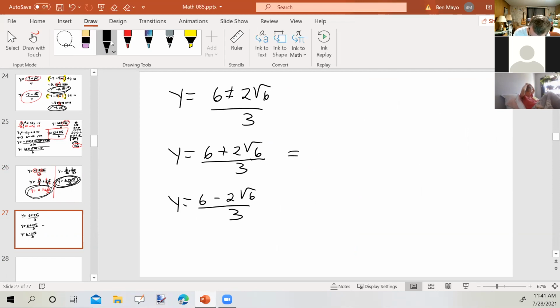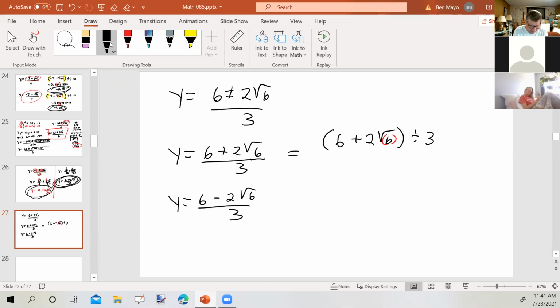So this is going to be parentheses 6 plus 2 square roots of 6, close it up, and then I'm also going to be closing up that little radical, right? Divided by 3. Okay. So parentheses 6 plus 2 times the square root of 6.